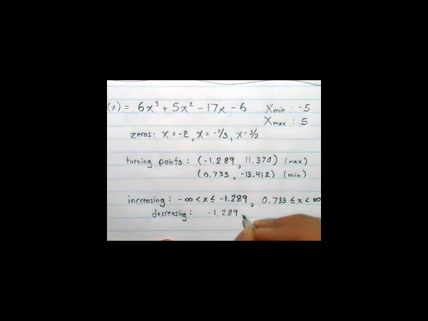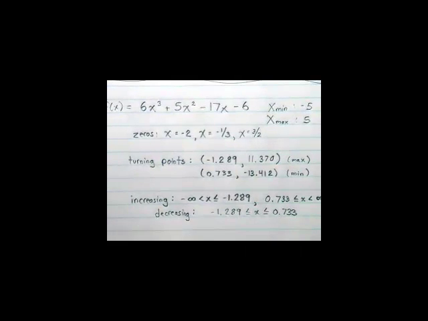So remember, we only need the x, though, to write the interval. So it starts at negative 1.289, okay? And finishes up where? Yep. And that would be our one decreasing interval for this one. Okay, make sense? We can do that?